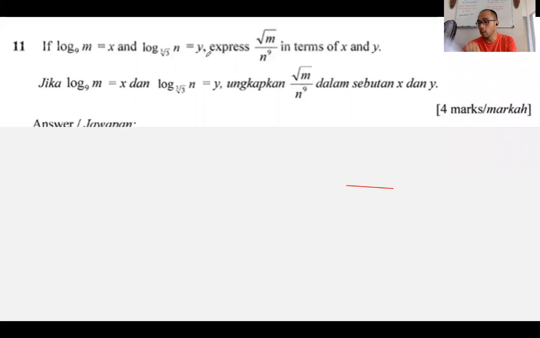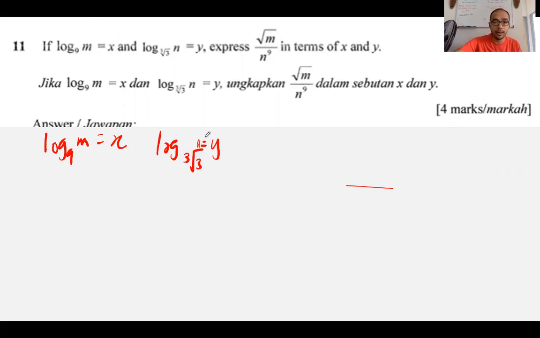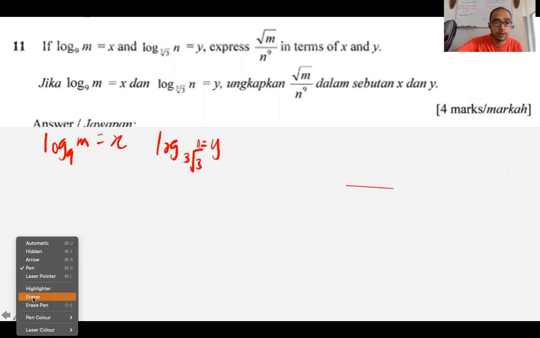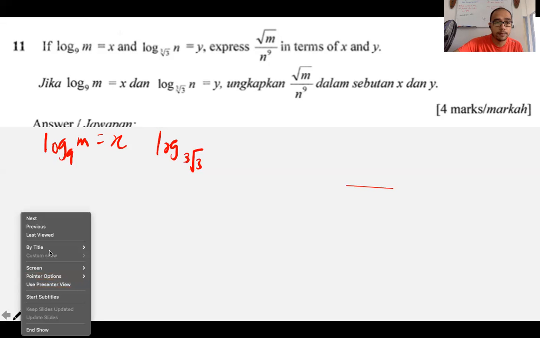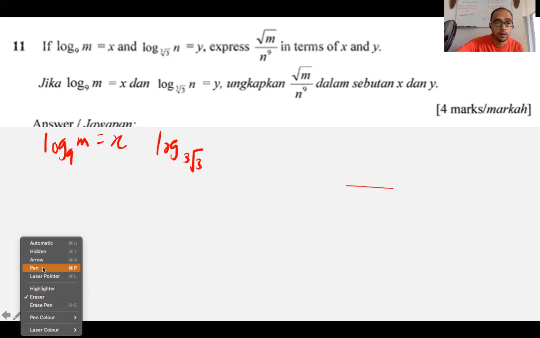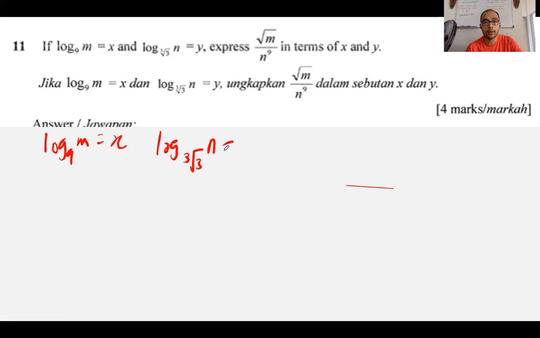1 over x equals to 1. Oh, okay. So log 9 m equals to x and you're given log cube root of n equals to y.